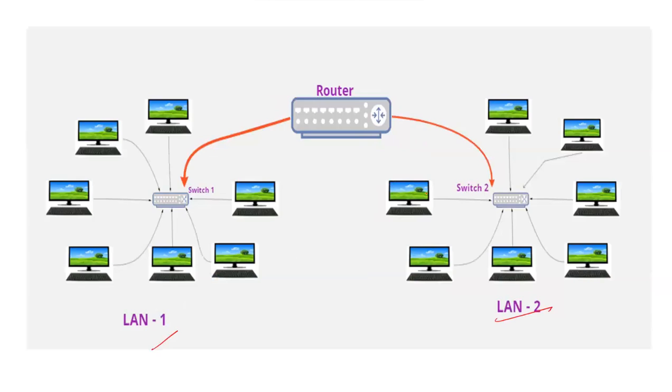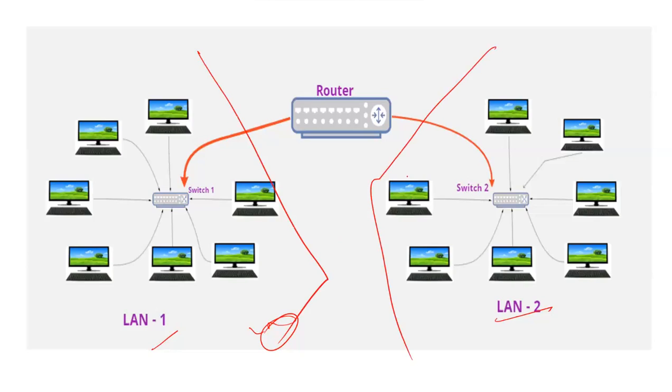If the number of LANs increases, the switch won't have thousands of ports, so we have some limitations. This is one network and this is another network. If you want to connect two networks together, we need a network device, that is a router.